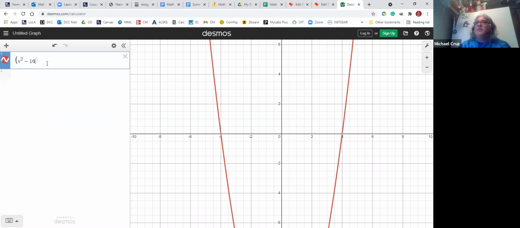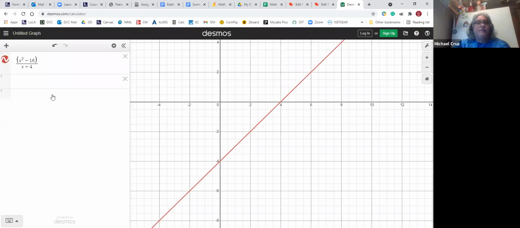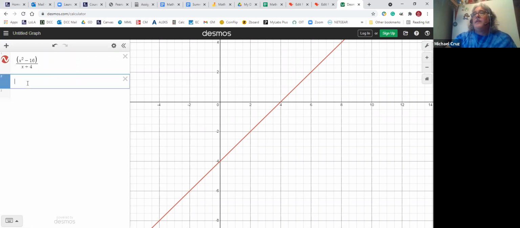I'm just doing this for a visual. All right, so you can kind of see that right there is just a line, even though it looks fancier than that. It's just a line. Now I'm going to put a dot here.